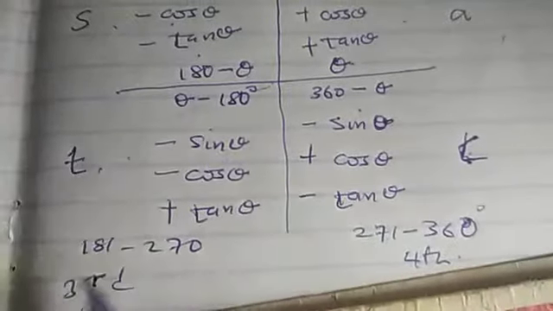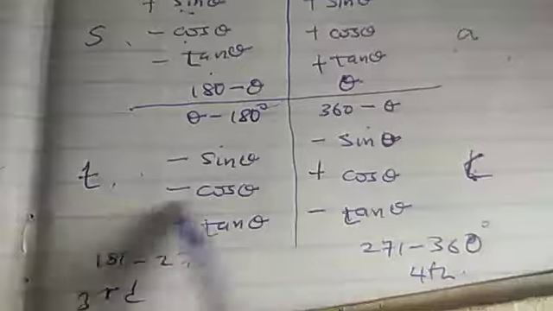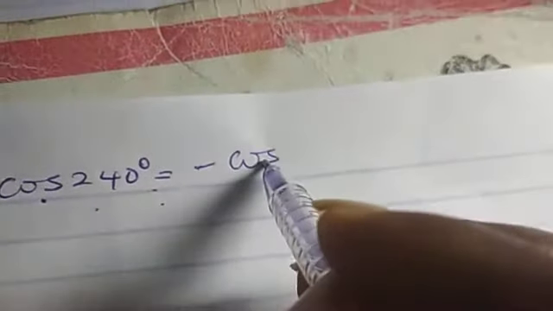Now let's consider another example. Let's consider another one, cos 240. To solve this, we first check where 240 falls. And where 240 falls, what is the nature of cos theta there? So if you look at it, 240 falls in the third quadrant here. And the nature of cos there is negative. So our answer will just be minus cos. Now this 240 will change.